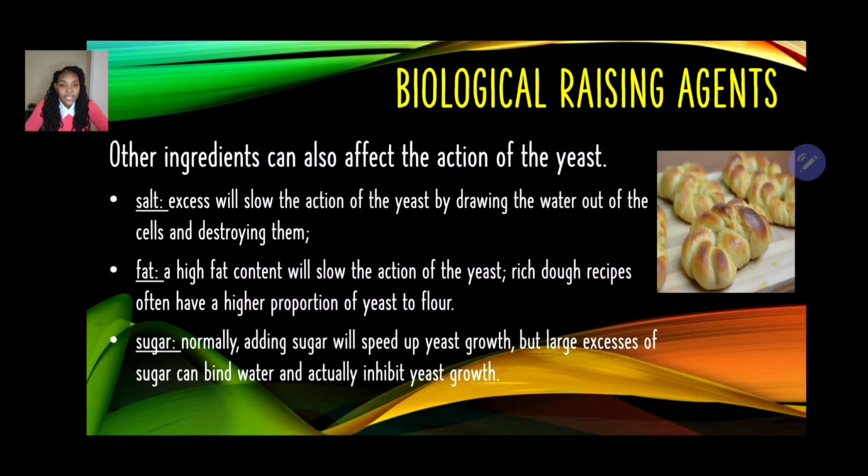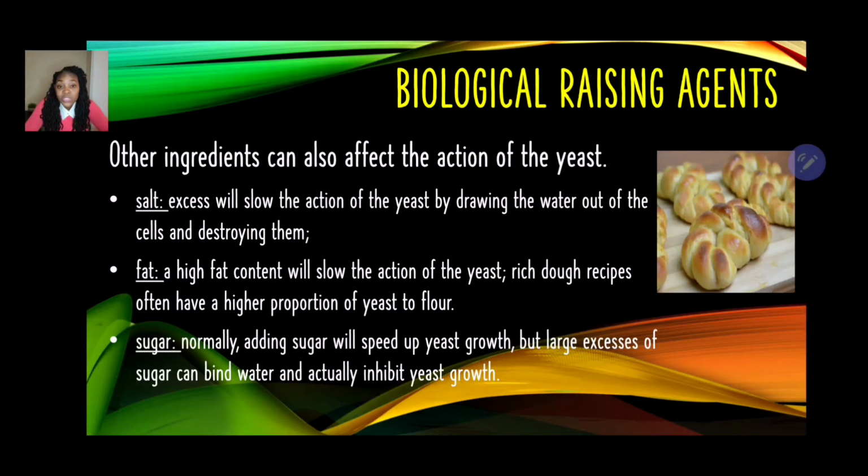Now, other ingredients can also affect the action of yeast, and one of these ingredients is salt. Excess salt will slow the action of yeast by drawing the water out of the cells and destroying them, right? So think about it. Just as with salted cod, when the salt is added, what's the purpose of the salt?